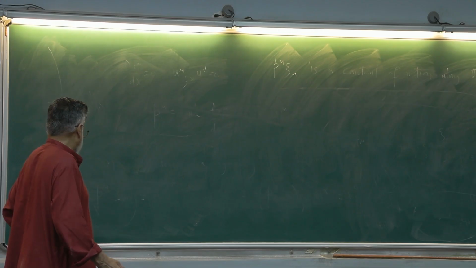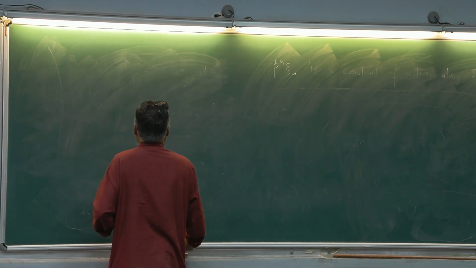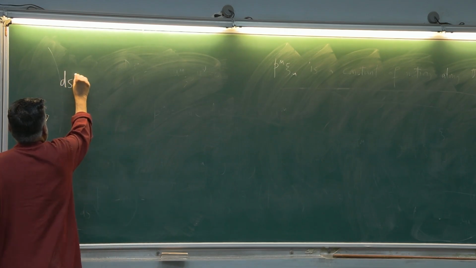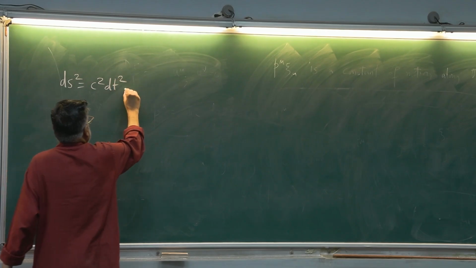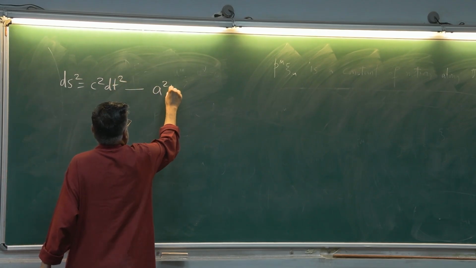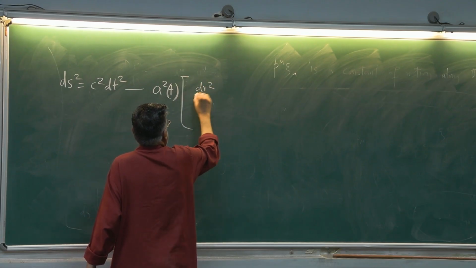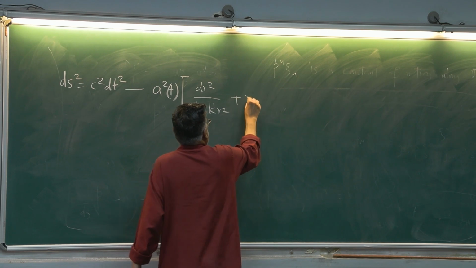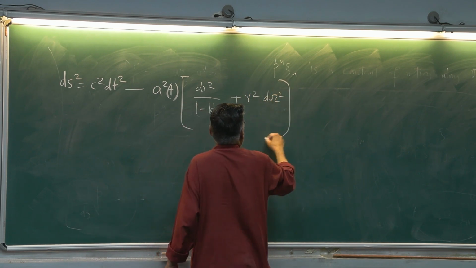And the metric that Robertson and Walker established, with their coordinates, the space-time line element, is given by c squared dt squared, then there is a function of time, a squared of t, times dr squared plus r squared d omega squared, where d omega squared is the solid angle squared.